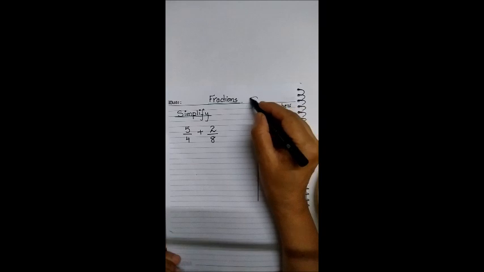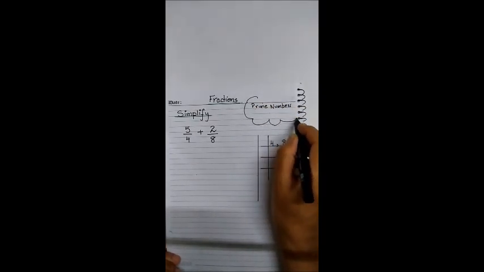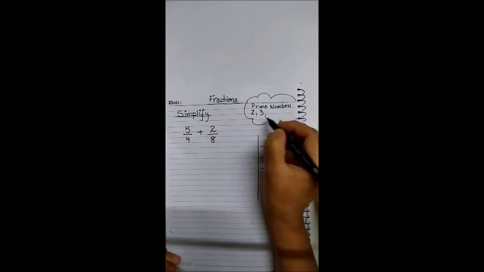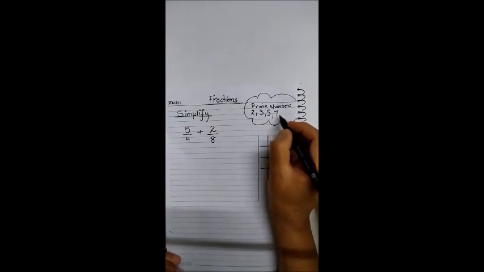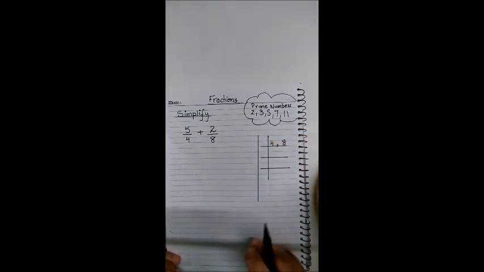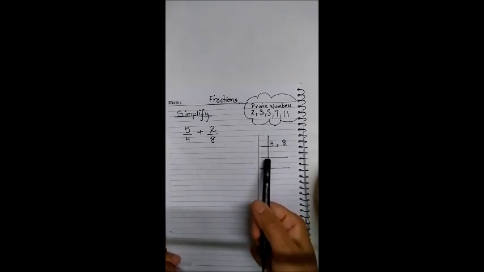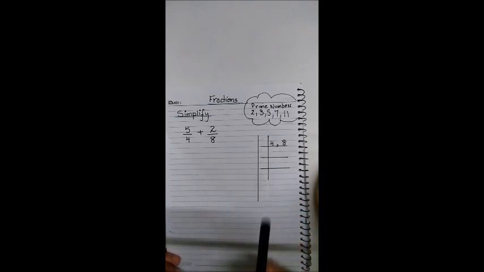Okay, so let's write the prime numbers in this bubble. 2, 3, 5, 7 and 11. Always remember the 5 prime numbers. Whenever we are going to divide the numbers, we will make sure that we use the prime numbers.